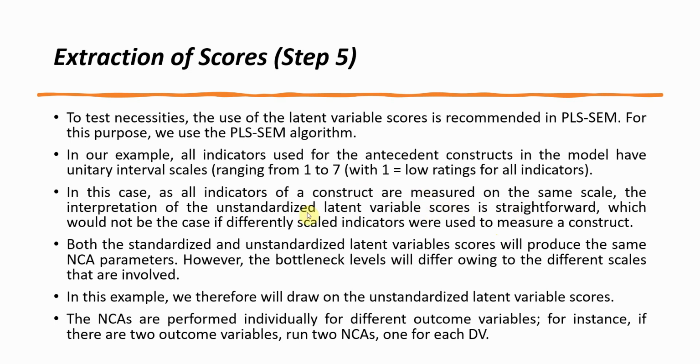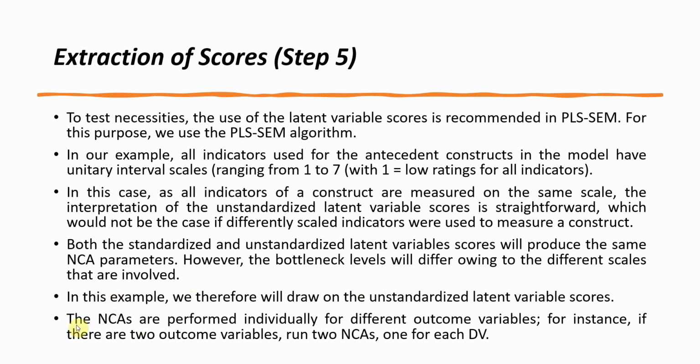Otherwise, use unstandardized latent variable scores for NCA. Both standardized and unstandardized latent variable scores will produce the same NCA parameters. However, the bottleneck levels will differ owing to different scales that are involved. With unstandardized, the interpretation is easier if you have used the same scales.